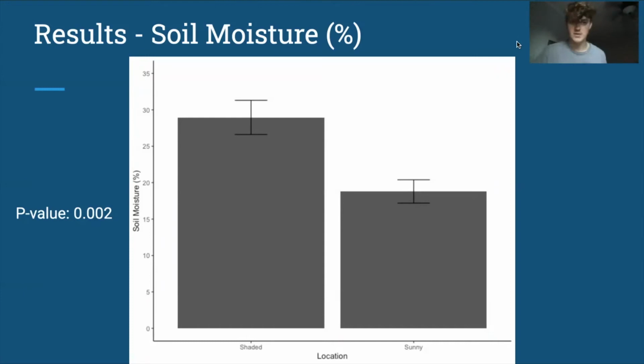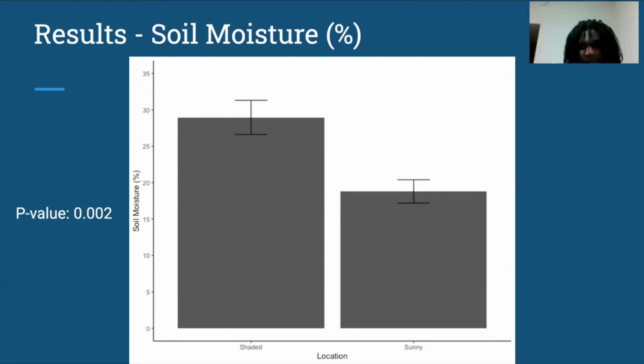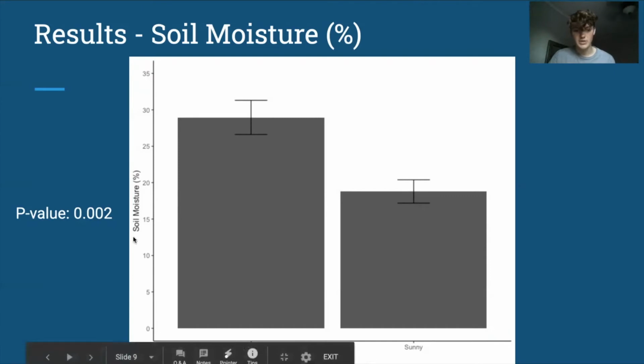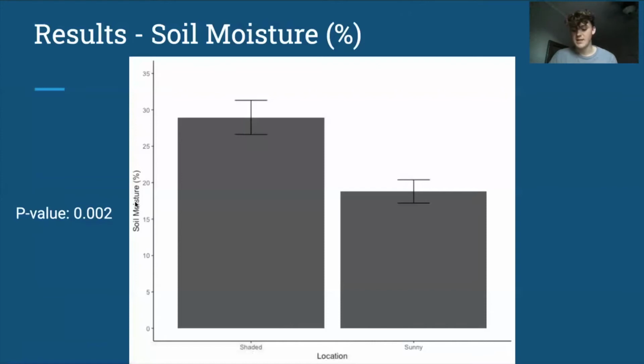So here are our results. For our first figure, we see soil moisture percentage. Soil moisture is our dependent variable, and our independent variable is location. Here we see that the dependent variable is affected by the independent variable.